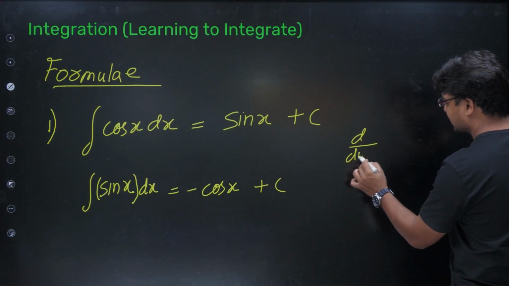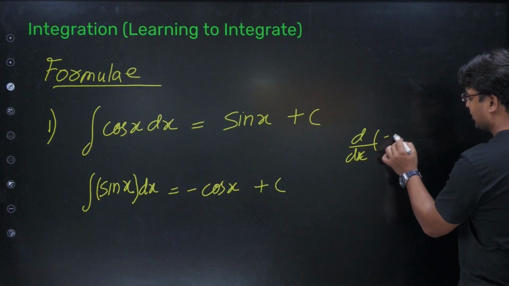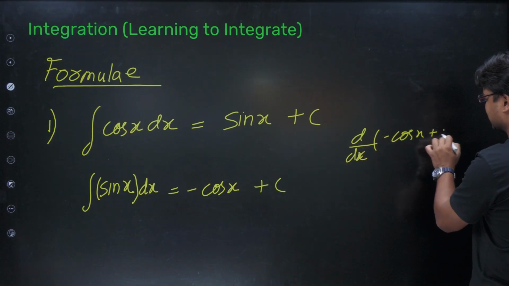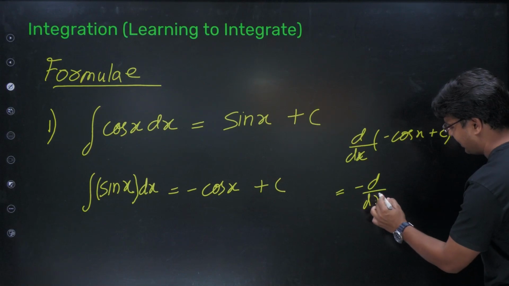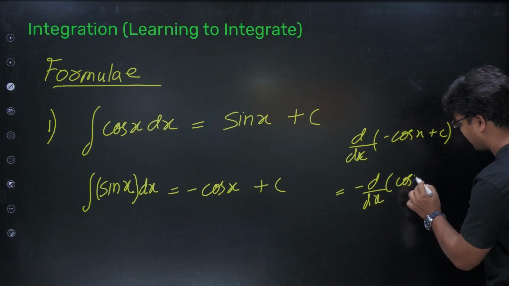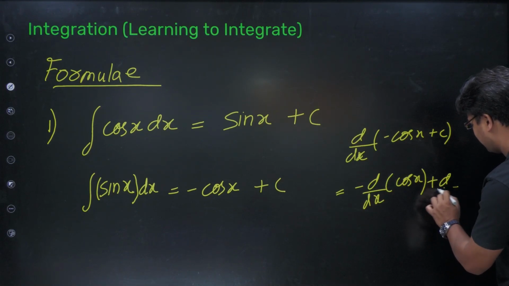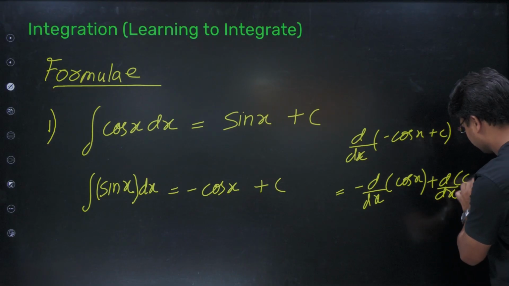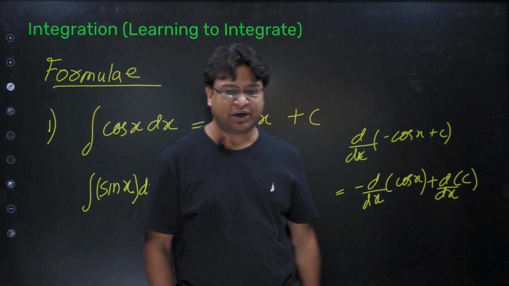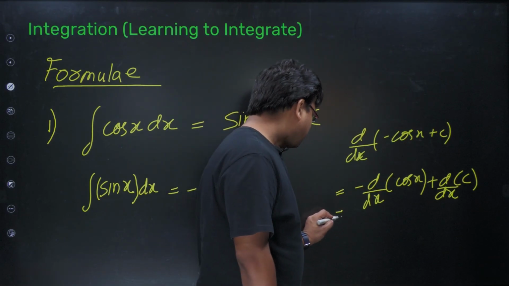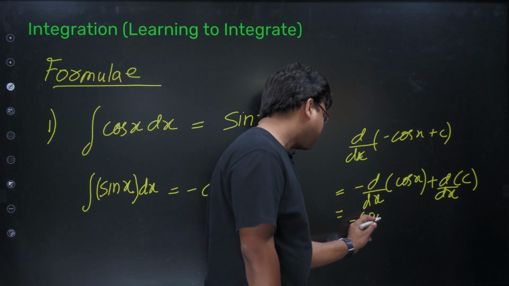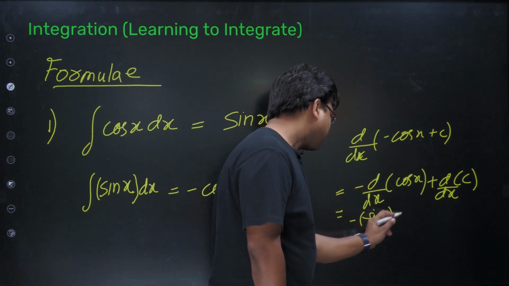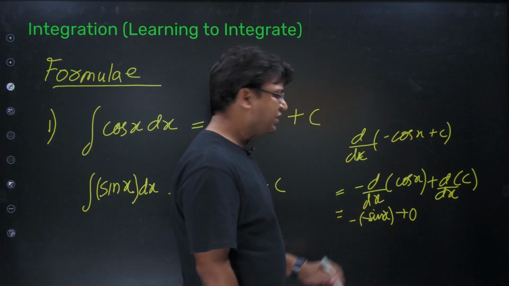If I decide to differentiate minus cos x plus c, I would be writing minus of d by dx of cos x plus d by dx of c. This would become minus of minus sine x plus 0, and therefore sine x.